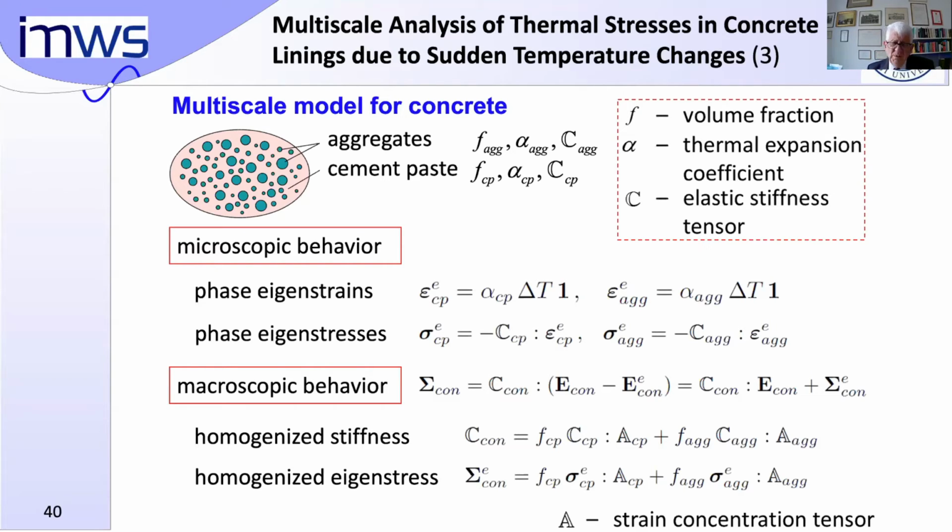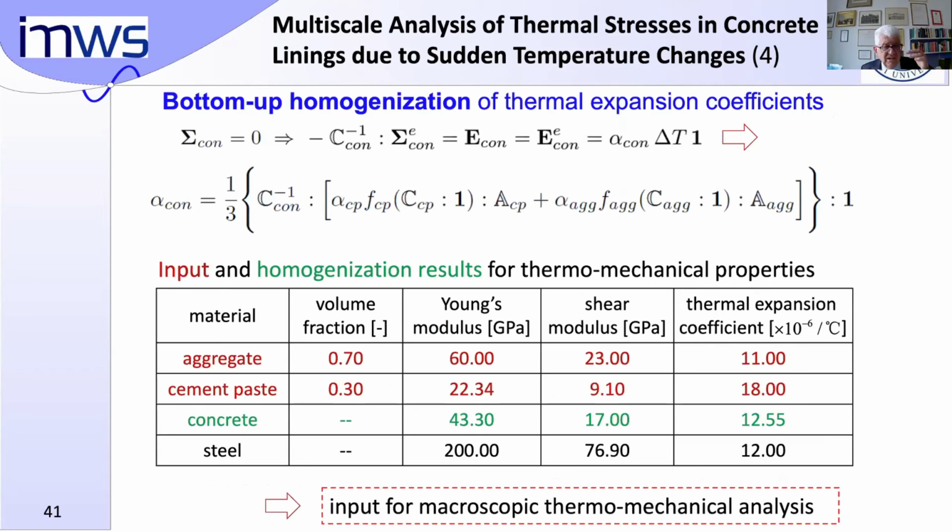Keep in mind, we are homogenizing material that is originally heterogeneous, and the homogenized eigenstress. And this allows us, by means of bottom-up homogenization of thermal expansion coefficients, to obtain a very nice formula for computation of the thermal expansion coefficient of the homogenized material.